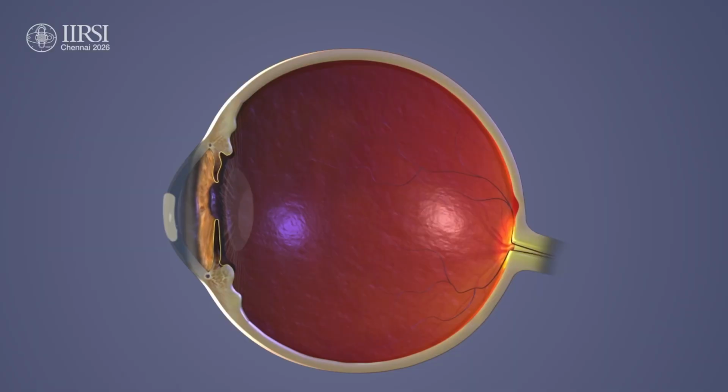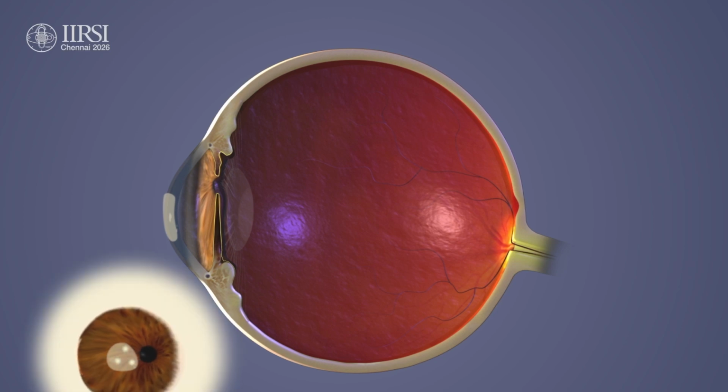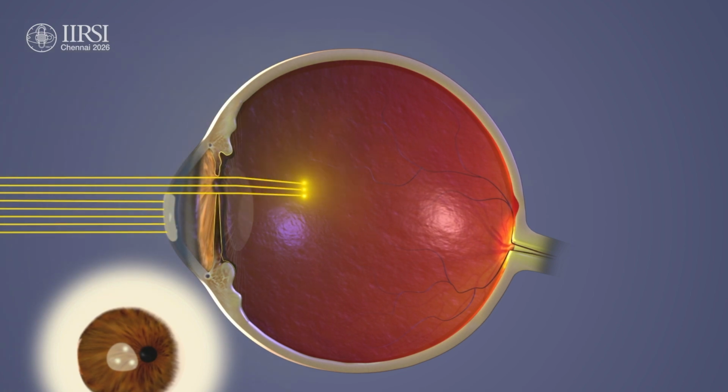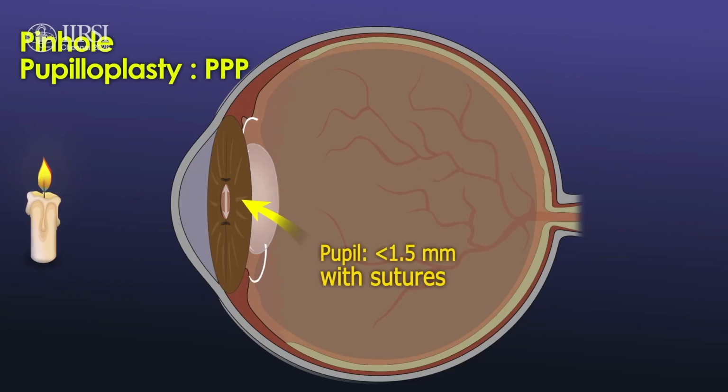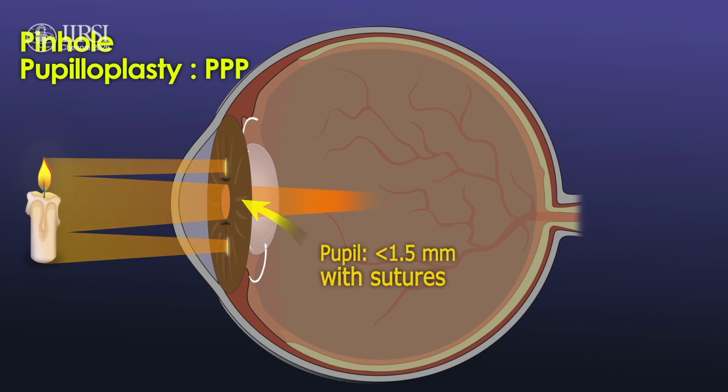The second thing is trying to shift the pupil to the newly less aberrated location on the cornea so that you get good focus of light going inside the eye. Thirdly is the size of the pupil. We call this a pinhole pupilloplasty. So it's not only just shifting a pupil. You cannot have a 3 millimeter or a 4 millimeter pupil located eccentrically, because then you have lots of aberrations going inside the eye.